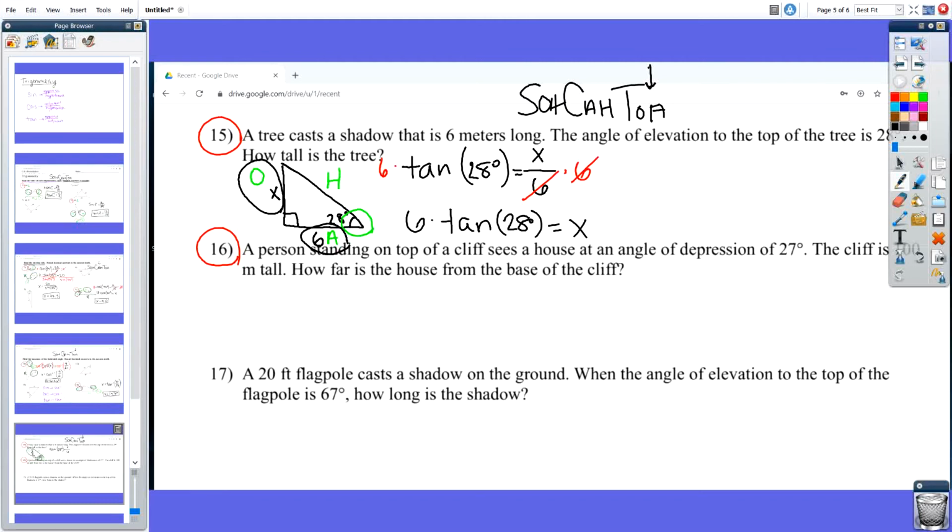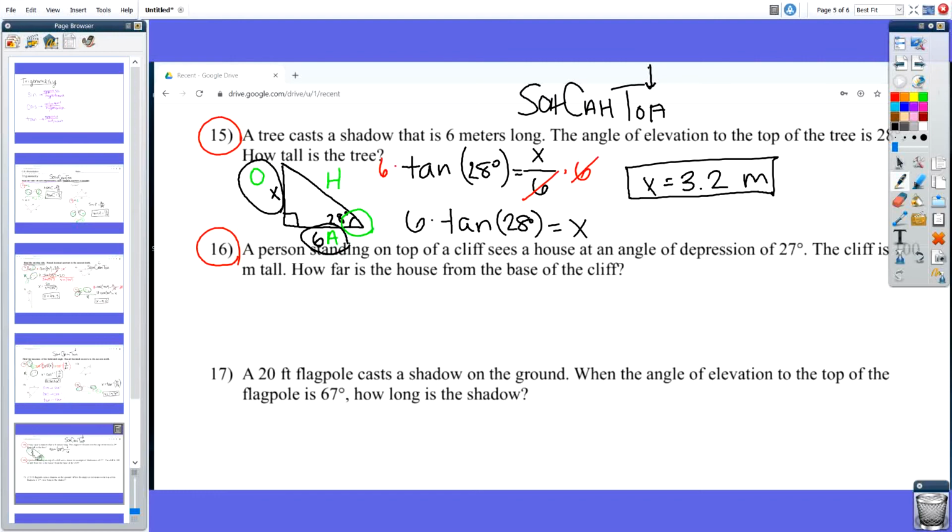And I end up with x is equal to, rounded to the nearest tenth, 3.2. Make sure you're including your units here because it is a word problem. We are working with meters. So I'm going to say that x is equal to 3.2 meters.